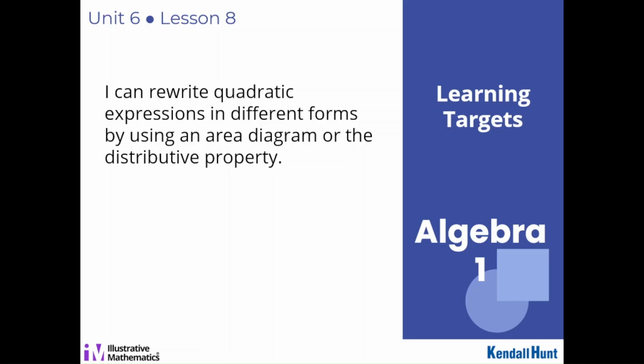Once you find those 4 parts, you add them all together, add the like terms, and you have your expanded form. We also looked at how to use the distributive property, both by using the FOIL method and by simply distributing whatever was outside the parentheses to each item inside the parentheses.